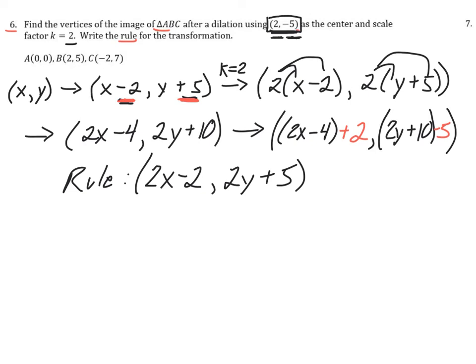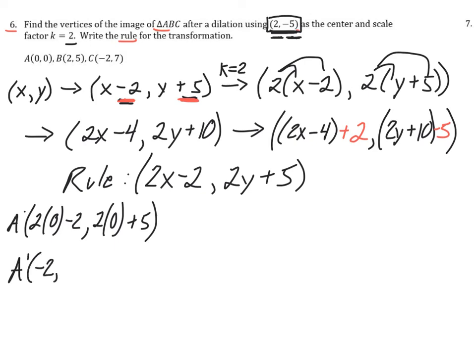All right, now what you can do is you can actually go back and figure out your coordinates. So for A prime, it's going to be 2 times 0 minus 2 and 2 times 0 plus 5. So it looks like in this case I'm just going to end up with A prime, which is at negative 2, positive 5.